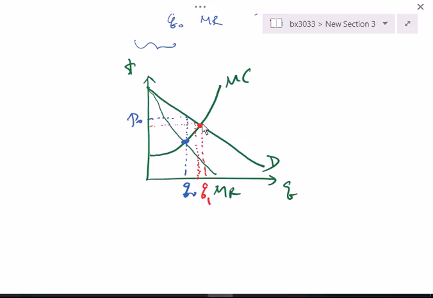And there's a deadweight loss here. This triangle is the deadweight loss due to the monopoly. Okay, and this actually justifies regulations on monopolies. Okay, that's all for week 5.